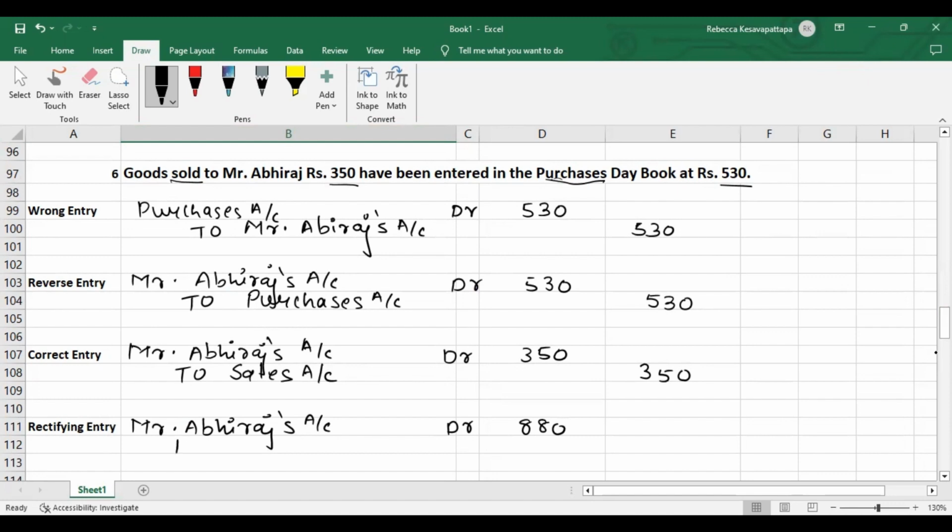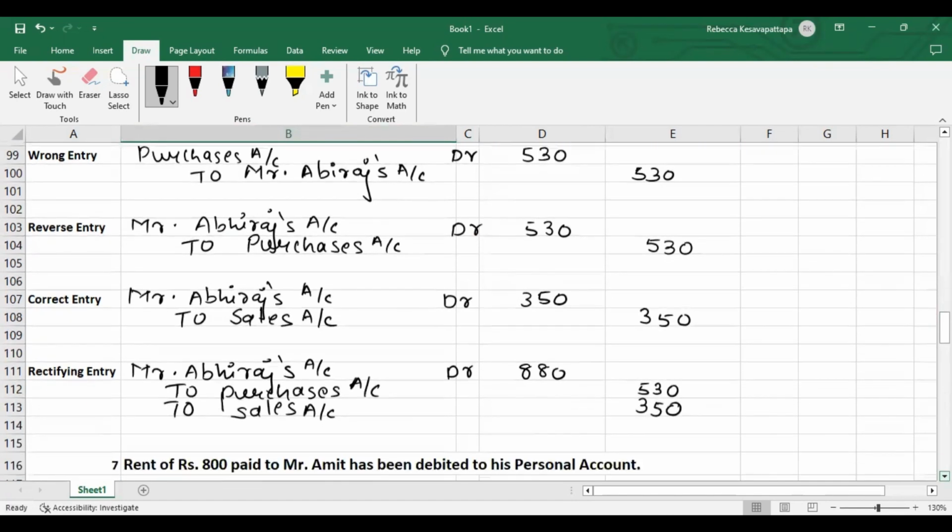Rest will be the same: to purchases account, amount in purchases 530, to sales account, we can see here sales 350. So debit is tallying with the credit. So this is how the sixth example is to be solved.